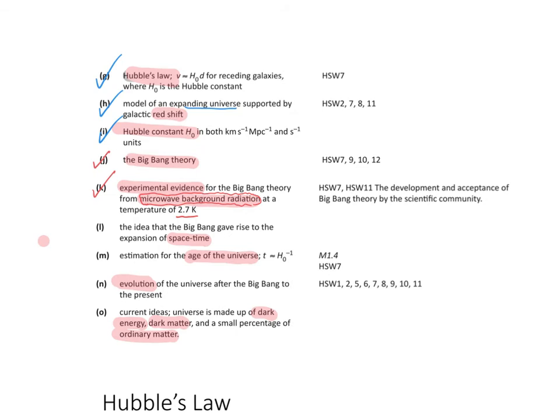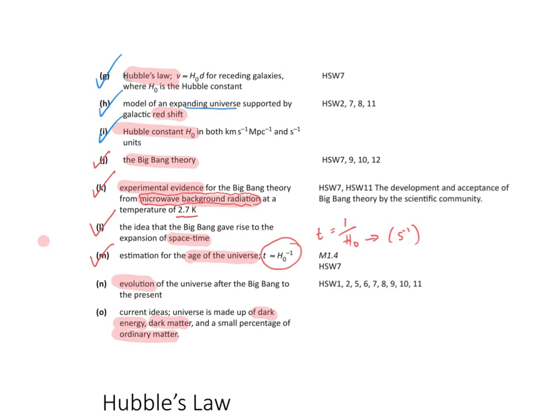Also, the idea that the Big Bang gave rise to the expansion of space and time, and the estimation of the age of the universe using 1 over Hubble's constant. And remember, Hubble's constant has an SI unit of per second. So if you do 1 over per second, you take the time in seconds.